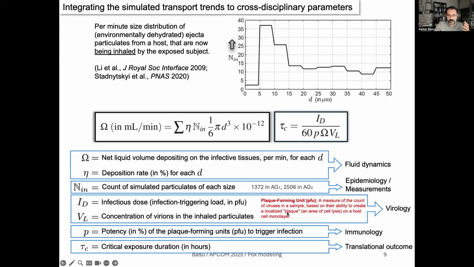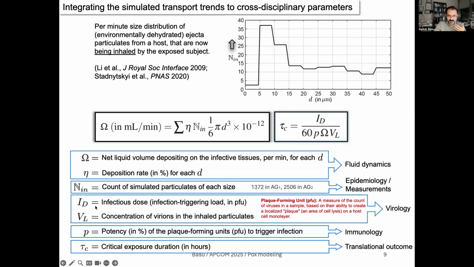So a higher PFU would imply that more virion units are needed for the infection to get launched in a particular host, in a particular exposed subject. The next cross-disciplinary parameter that we need is this VL, which quantifies the concentration of variants in the liquid particulates that are being inhaled. The next parameter is P, which is the potency of these variants, as in the success rate of these variants to start an infection in the exposed subject.